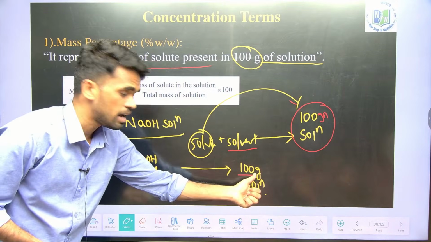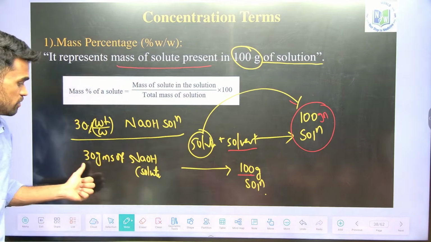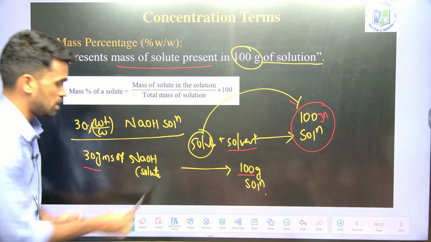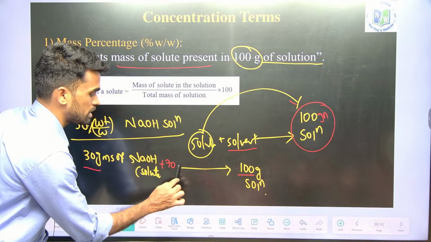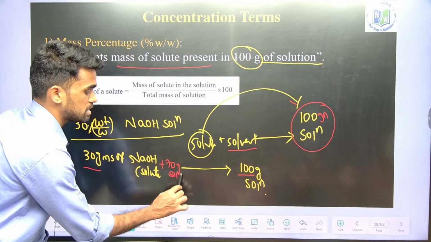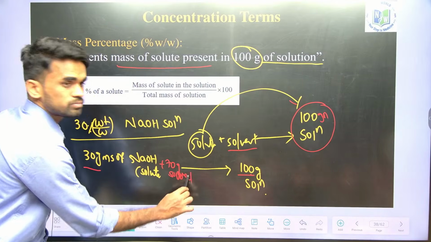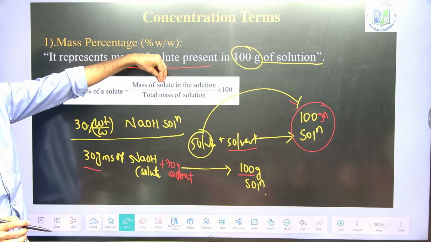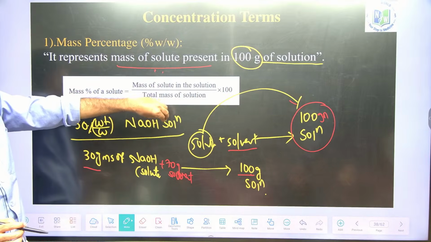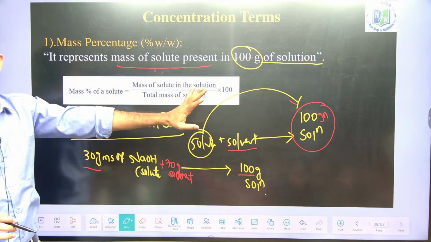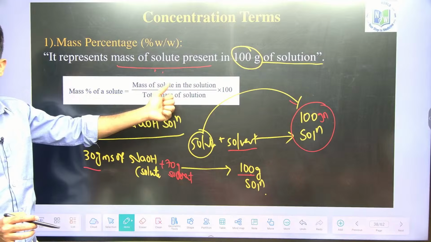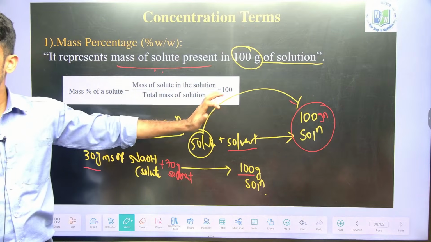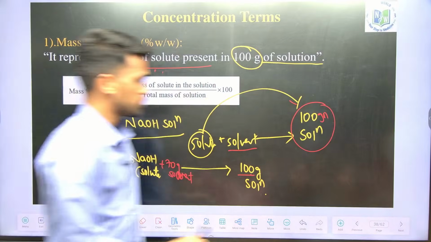You got 100. So we have 30 grams of solute, the remaining 70 grams will be solvent. So you are mixing with 70 grams of solvent. Is this clear? So you take the weight of solute by total weight of solution into 100. Is this clear, everyone?